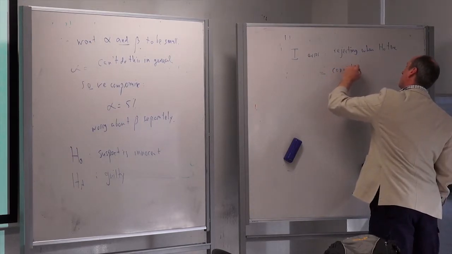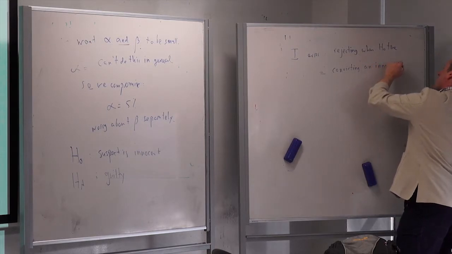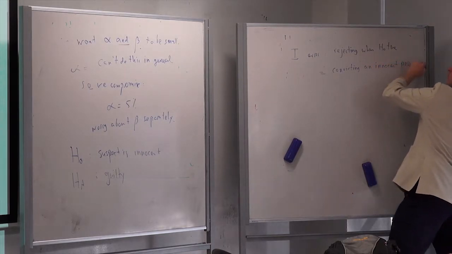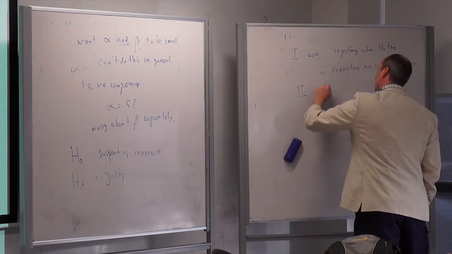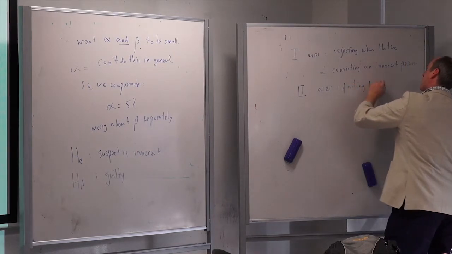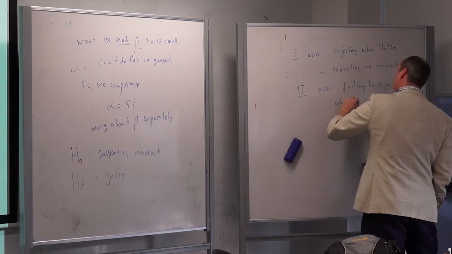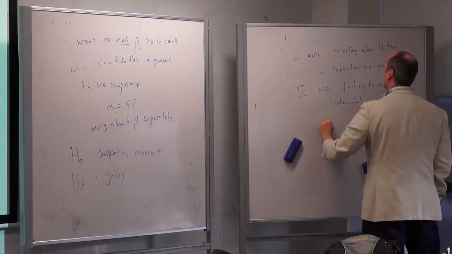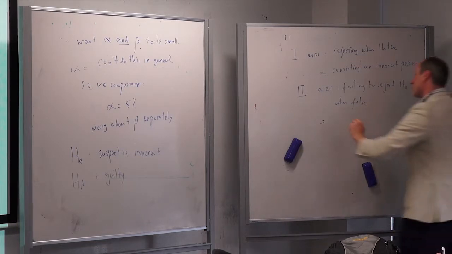Convicting an innocent person. A type 2 error is failing to reject H0 when it's false. Equals letting a guilty person go free.